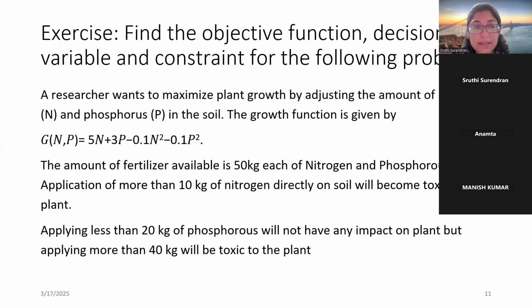Amount of N and P are the decision variables because in the equation, if you change the n value, g is going to change. If you change the p value also, g is going to change. So amount of n and p are the decision variables. Now what do you think are the constraints over here?